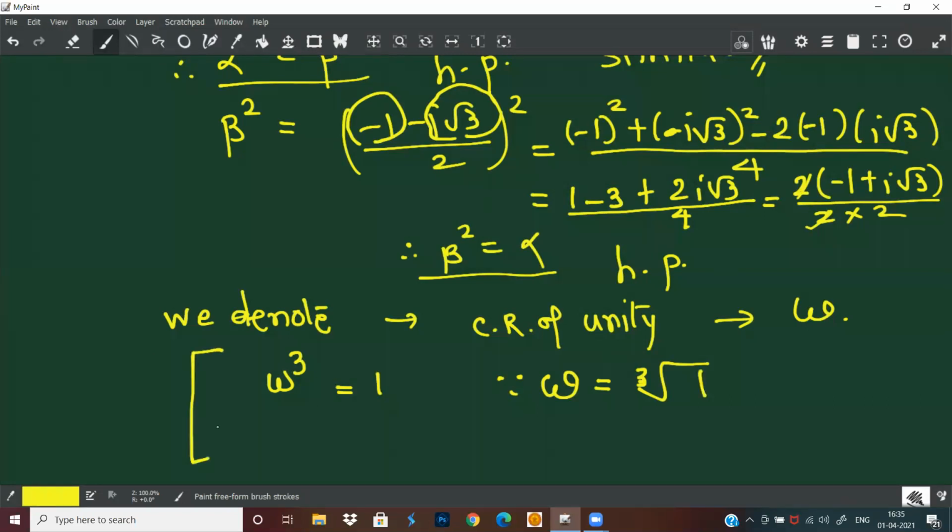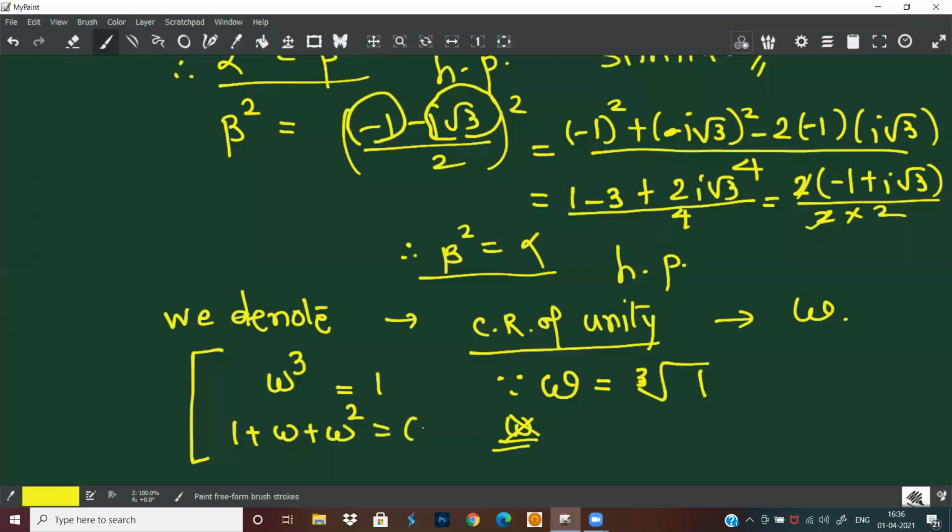Then real value of omega, so that is we are taking complex cube root. So the real value of x that comes is 1. Now complex roots were given by 1 plus x square equal to 0. Talking about complex cube root, in place of x, omega.